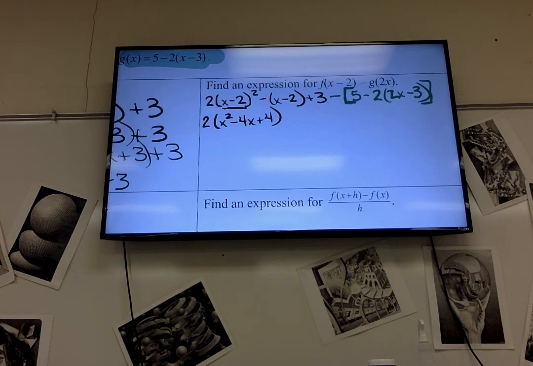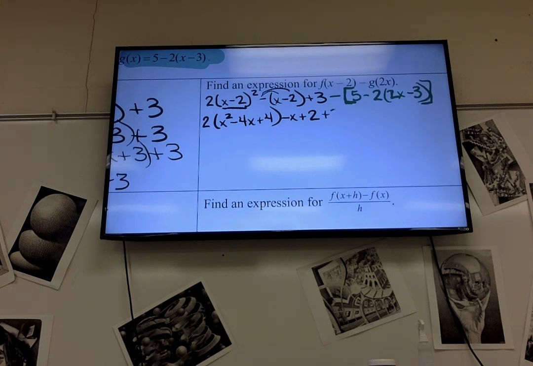Now you don't have to use the shortcut. You can FOIL it out. There's nothing wrong with that. Probably won't fit it in the box, but hey, you got paper. Put it on a piece of paper. Then distribute this minus sign. So it's minus x plus 2.